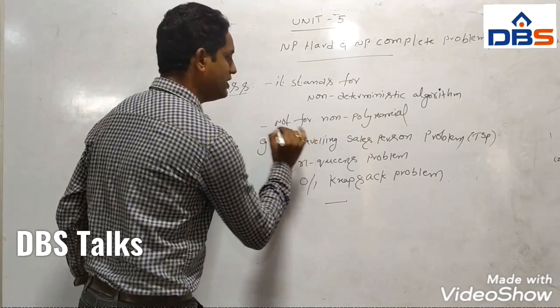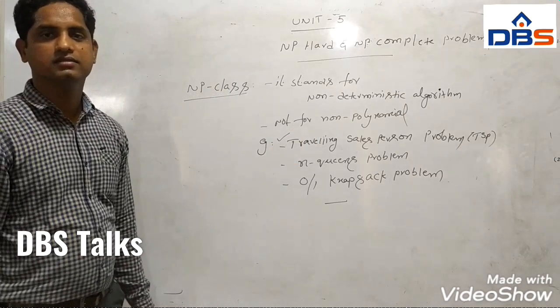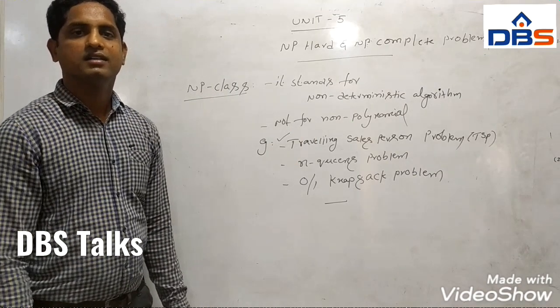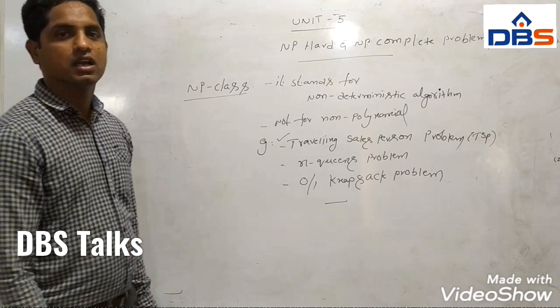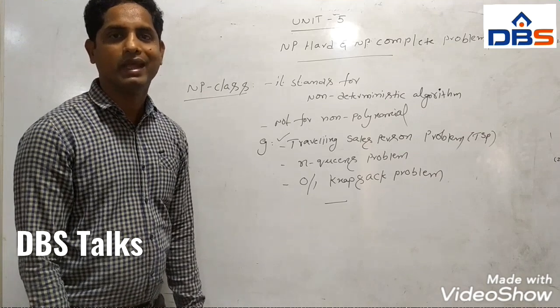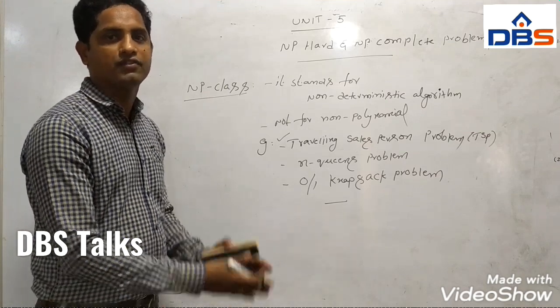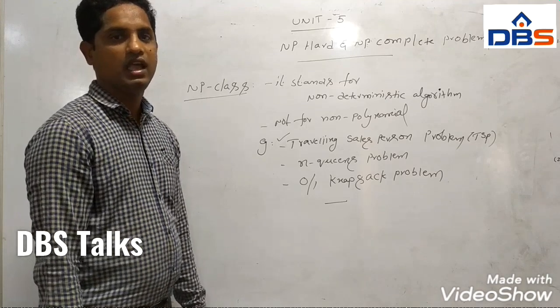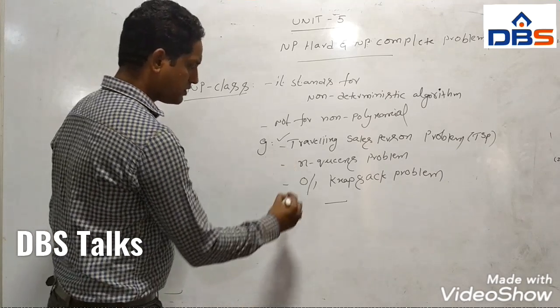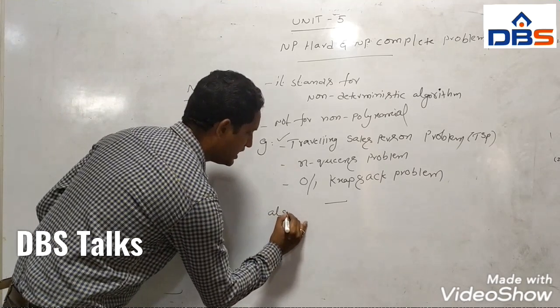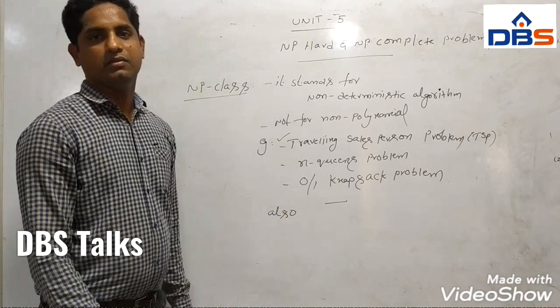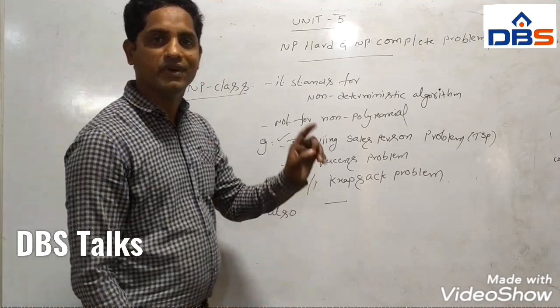So what is meant by the traveling salesperson problem? That is, there is a set of cities, and the cost is given for each pair of different cities. Every city will be visited once and we return to the first city.